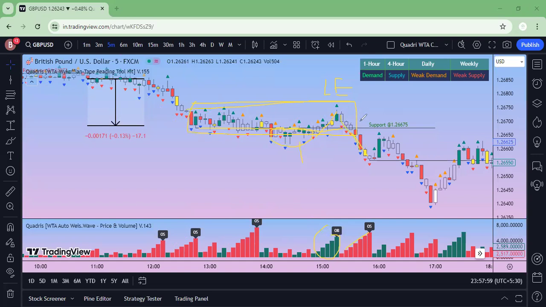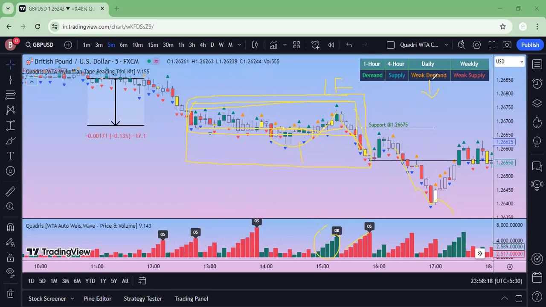So by this time, after this, it was clear to me the direction of the day was selling. Though on a daily time frame we have a weak demand, that means this kind of situation leads to lower prices, and even weak supply.